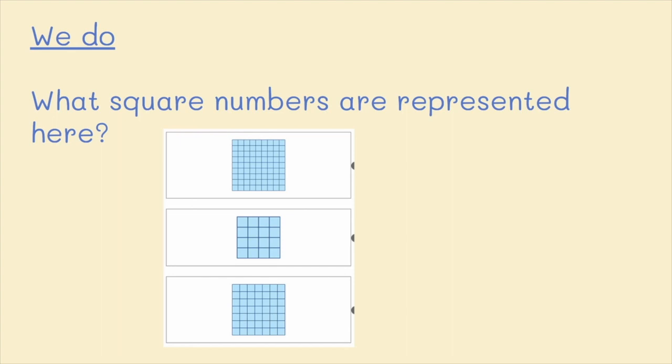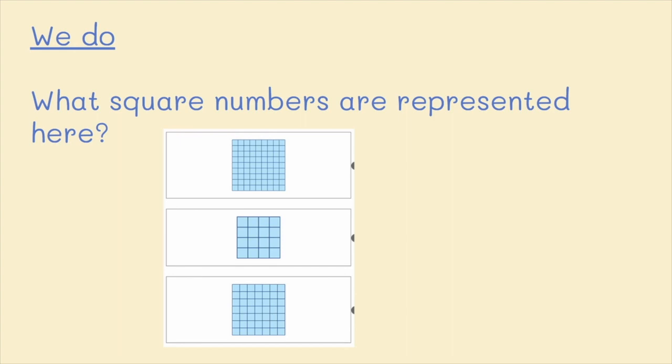What square numbers are represented here? You can just figure out what square numbers are represented here by counting one of the rows or one of the columns. You can quite easily see that they are squares, so they're definitely going to make one of our square numbers. For the first one, I think that's 10.